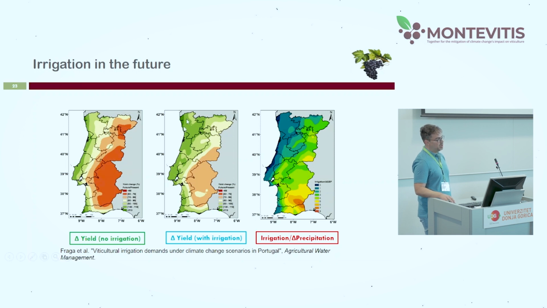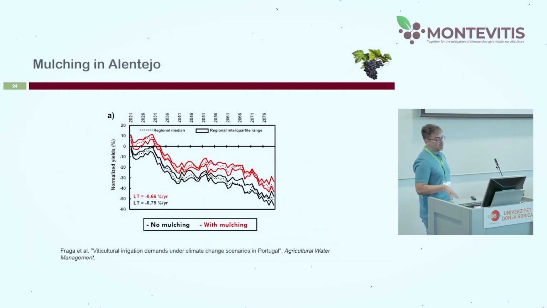Nonetheless, this map here on the right shows the amount of water that will be necessary, and the amount of water will be very high, which is probably an unsustainable practice in the future. Regarding mulching, mulching is basically applying a certain product on the soil to prevent so much evaporation of water.